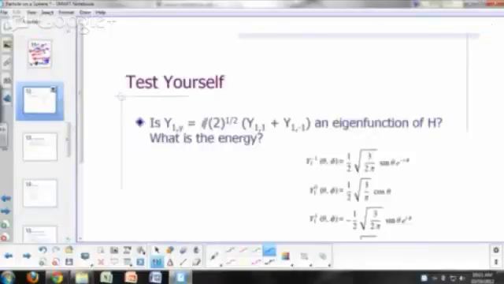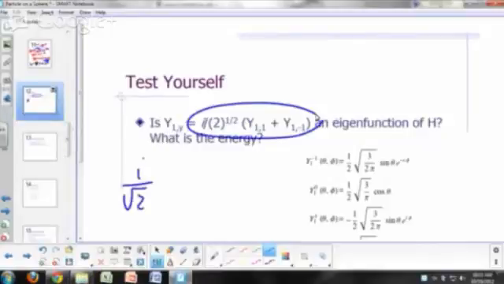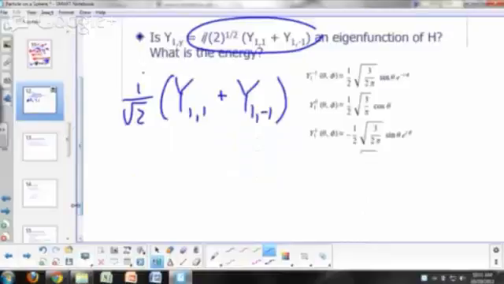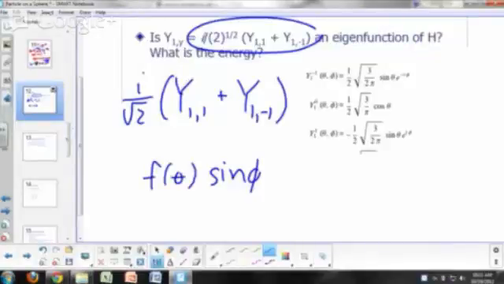So you can do the same thing with this particular linear combination. If you do i over square root of 2 times y1,1 minus plus y1,-1, you'll find that you'll have a term that's just dependent on sine phi. So you'll have a function of theta times sine phi.